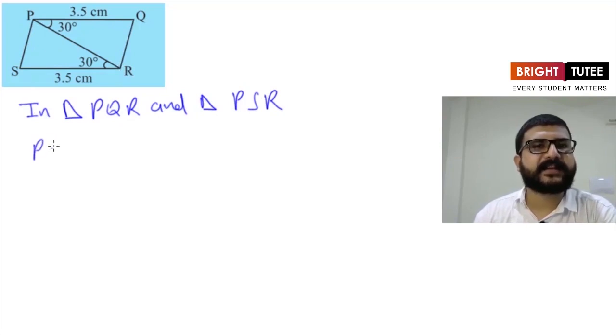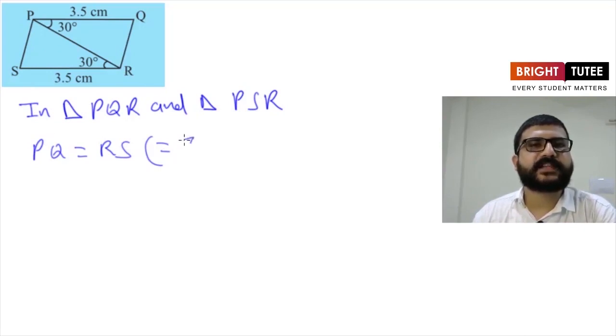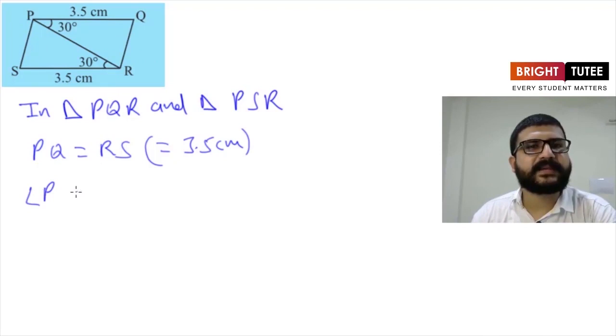Let's write it here, PQ is equal to RS, and they are equal to 3.5 centimeters. What else do we have? Angle P of triangle PQR is equal to angle R of triangle PSR. So we can directly write angle P is equal to angle R, and they are 30 degrees each.